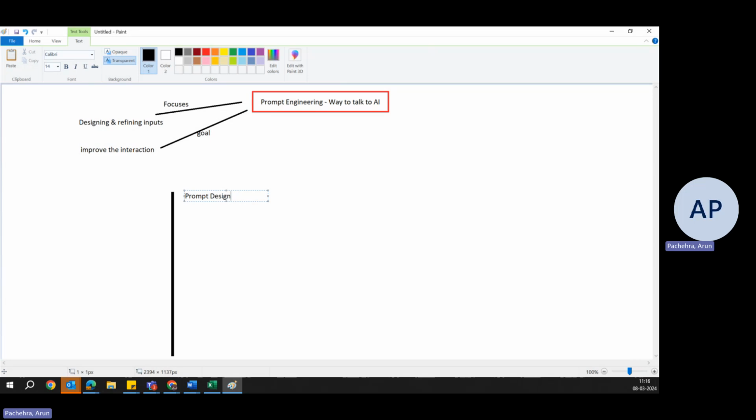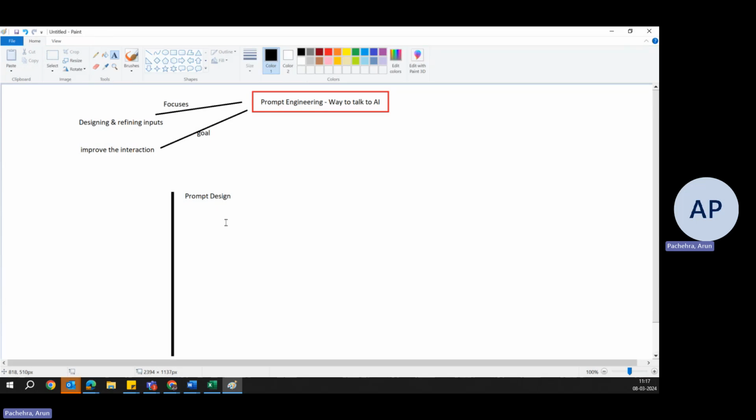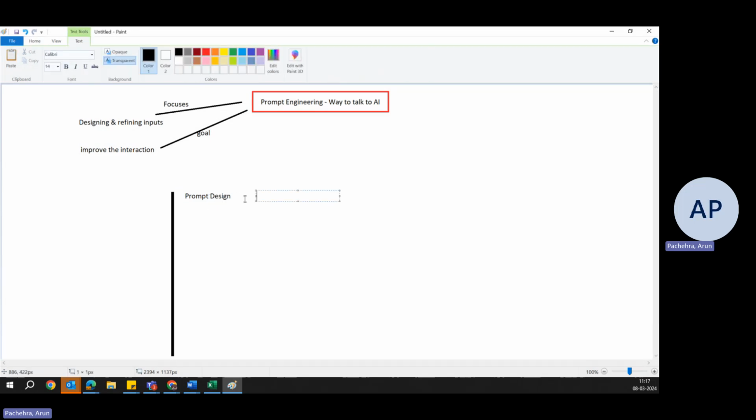Effective prompts can significantly influence the quality and the relevance of the AI's output. That's the reason prompt design is very important.